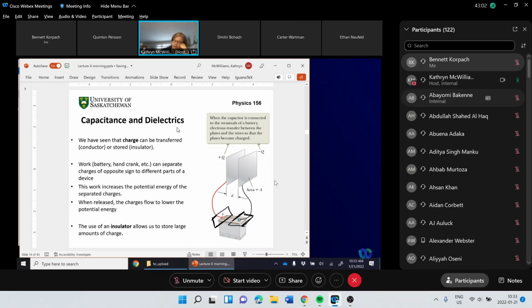You hook it up to a circuit, and when you do that, the positive plate repels electrons, and the negative plate attracts electrons. You've seen resistors hooked up to batteries. The reason a current can flow through a resistor is that you've got a potential difference between the positive and negative terminals, which means you have a voltage difference, which means you can produce an electric field, or an electric force, out of these terminals.